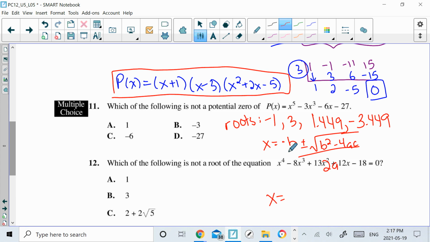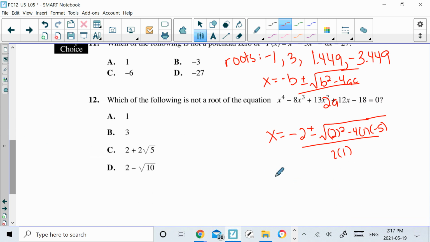X is equal to negative b, my b value is 2, plus or minus the square root of b squared, so b is 2, square it, minus 4, a is 1, and c is negative 5, all over 2a. A is 1.